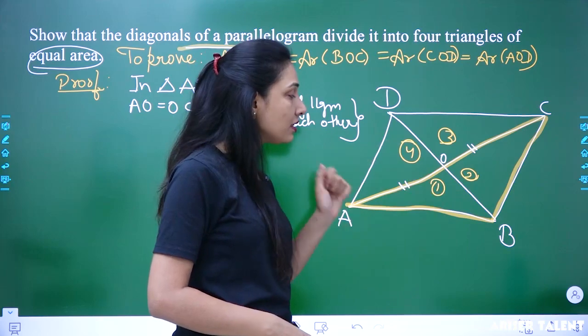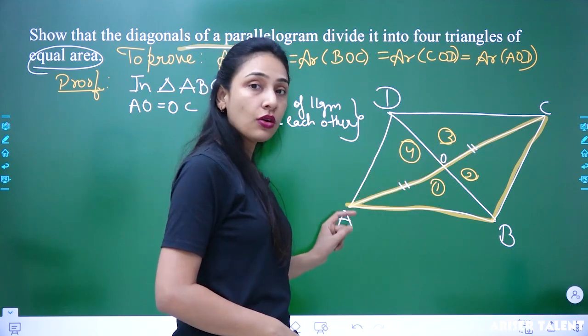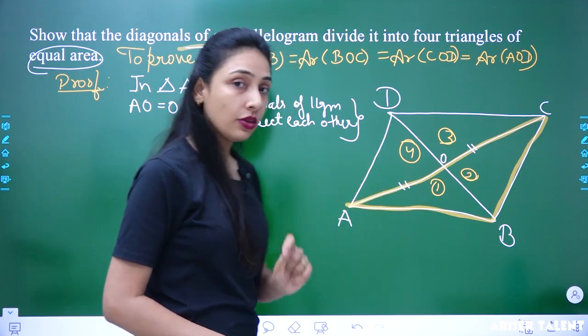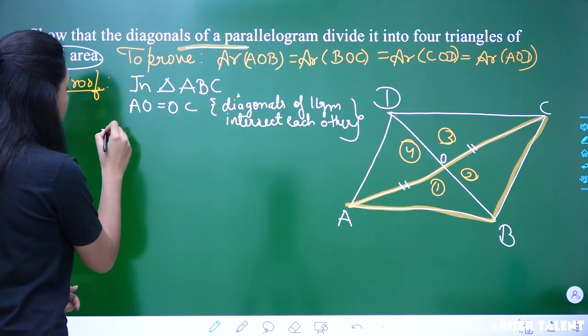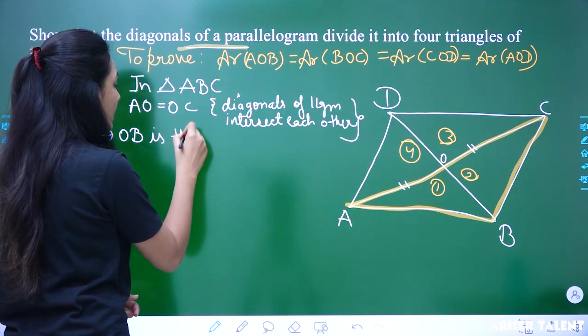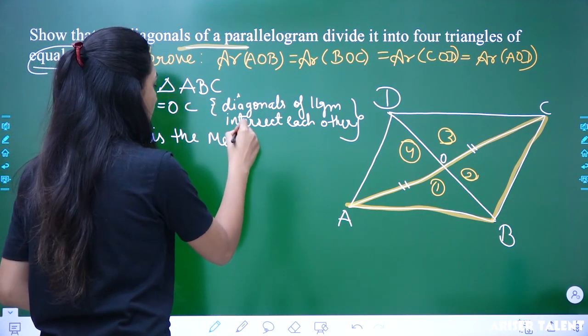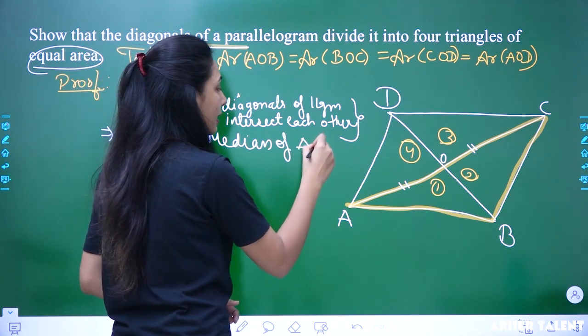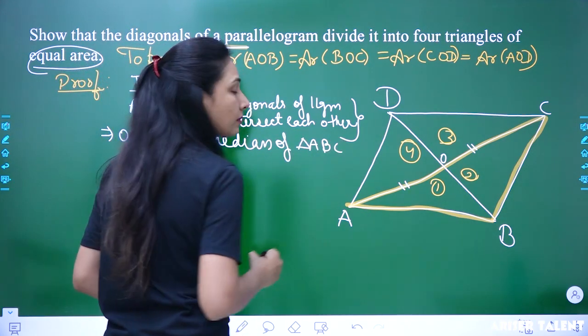And if OB is dividing this side of the triangle into two equal halves, that means OB is the median of triangle ABC.